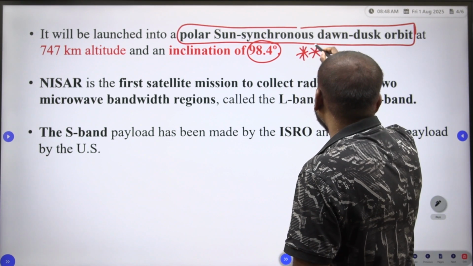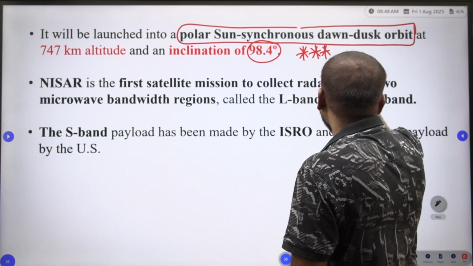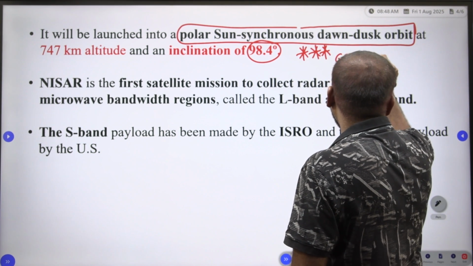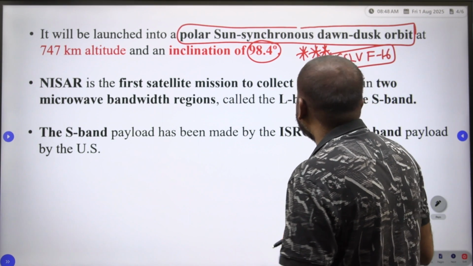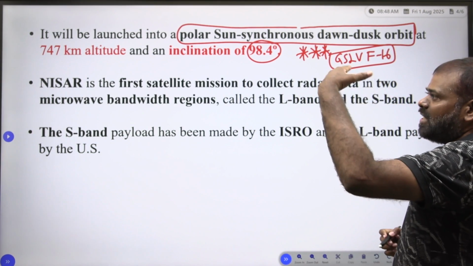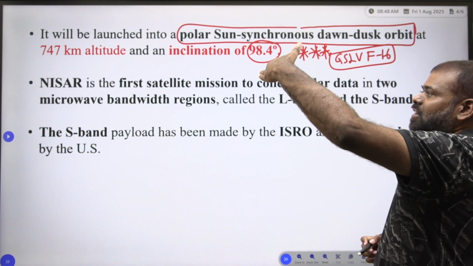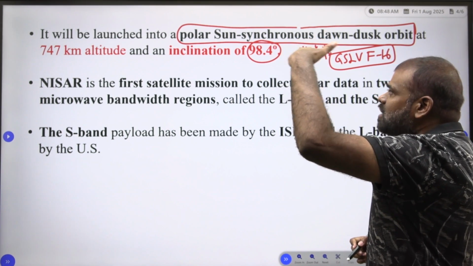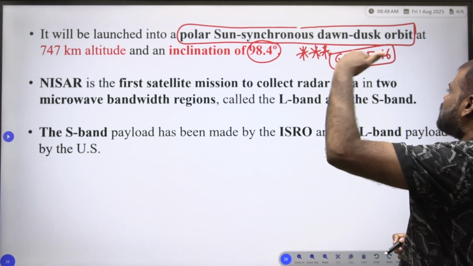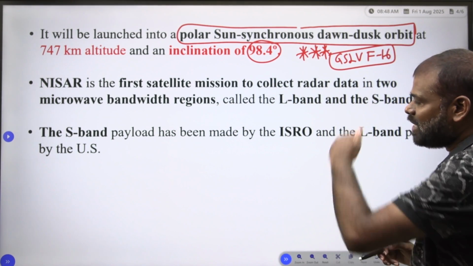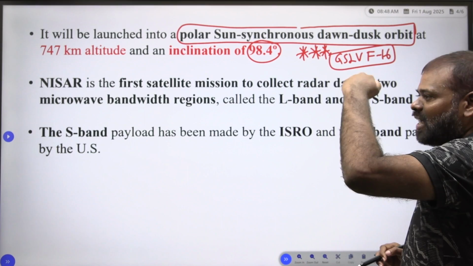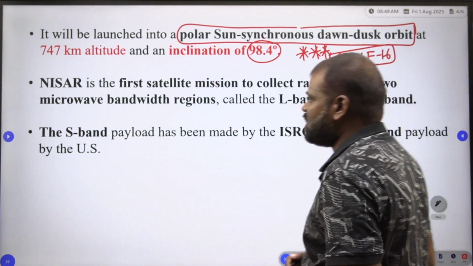The GSLV F16 rocket we are using to launch this. How much height are we sending it to? 747 kilometers at polar sun synchronous dawn-dusk orbit. What is the inclination? 98.4 degrees.